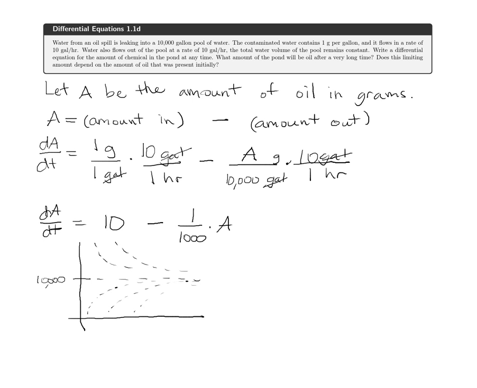So the equilibrium amount of oil is 10,000 grams. And that limiting amount doesn't depend on how much was initially present.